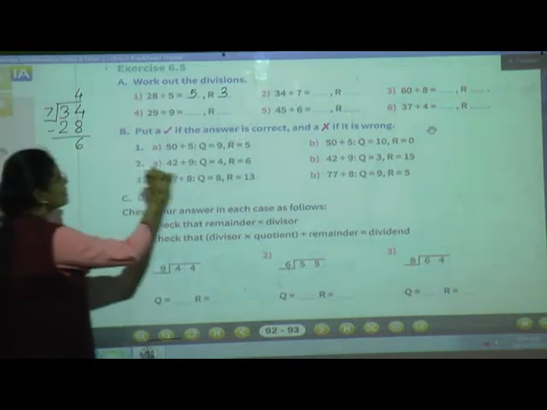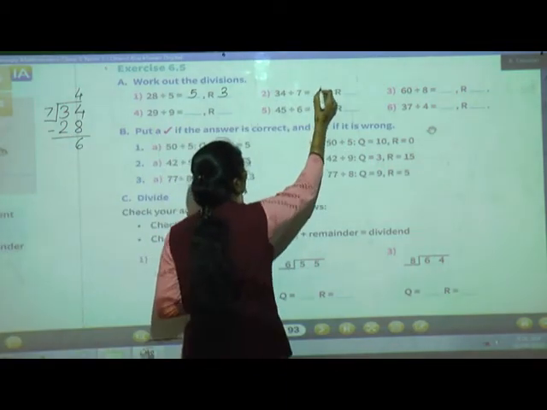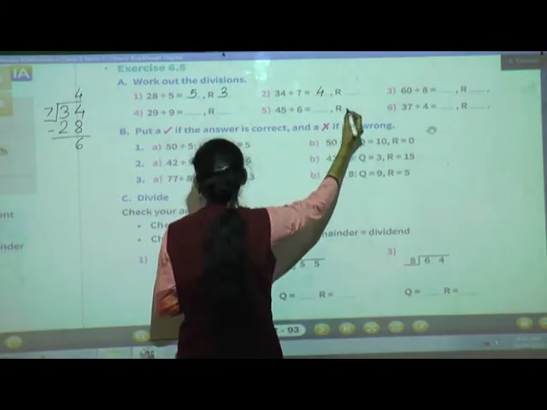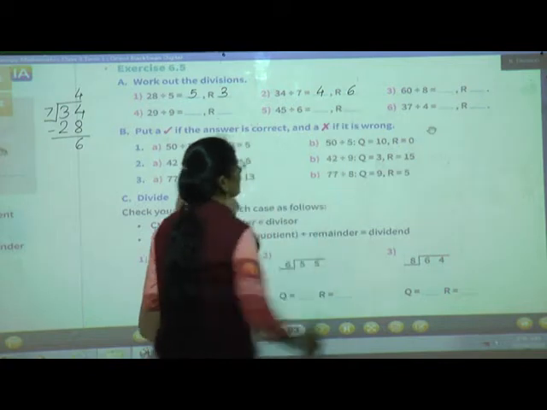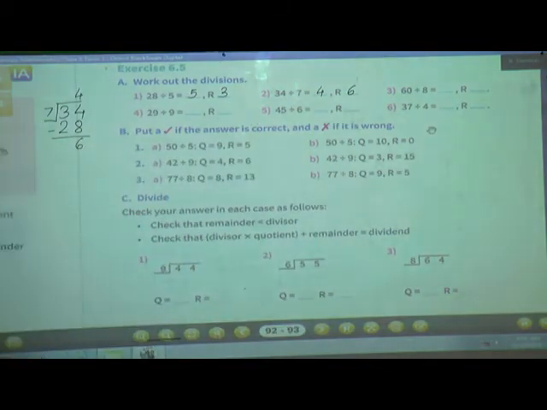Here 4 is the quotient. So we'll write here 4. And what is the remainder? 6 is the remainder. Now always keep one thing in your mind, that the remainder should be smaller than the divisor. Understood? So in this example, 4 is the quotient and 6 is the remainder.